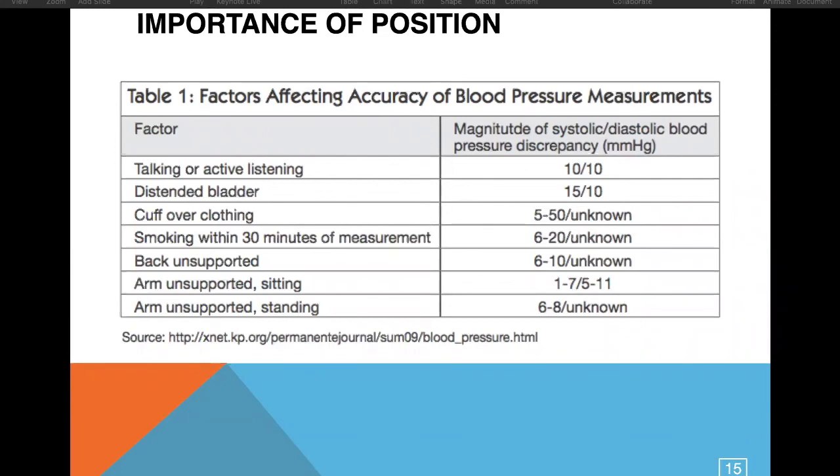But understand that the things that we've talked about here are really the most ideal, and we should strive to meet those ideals as much as possible to make sure that we're getting as accurate a measurement of blood pressure as possible, especially as we trend that vital sign or repeat that vital sign over time to see how it changes while we're with our patient. We want to know that change is due to their condition or our treatments, and not just because we're getting inaccurate readings because of how that patient is positioned or how we've positioned the equipment.